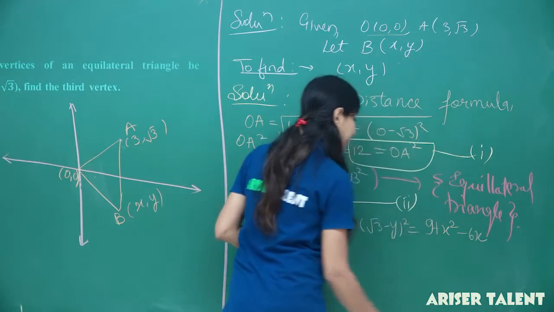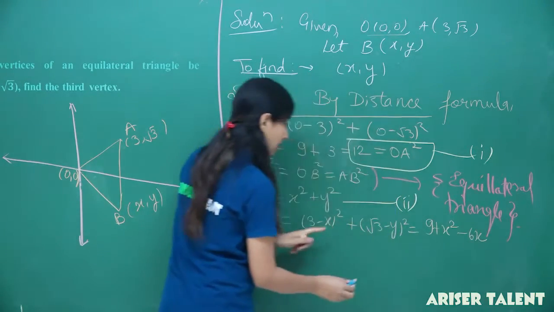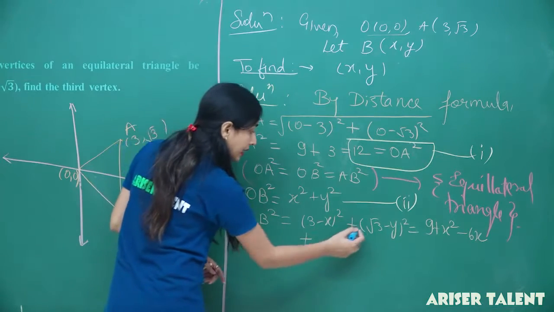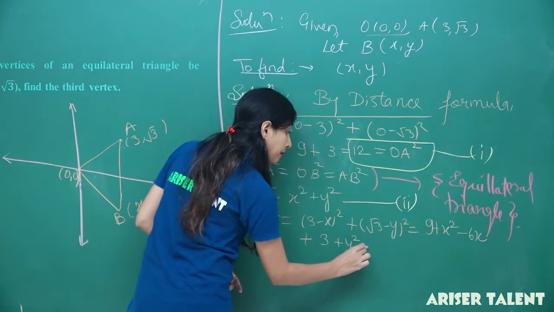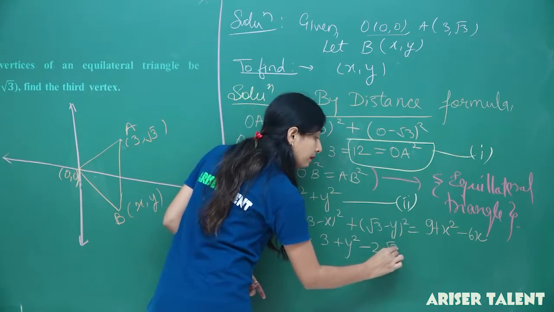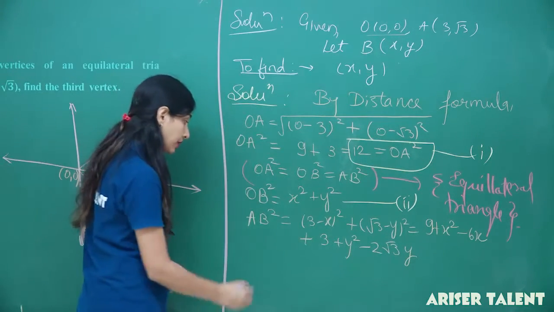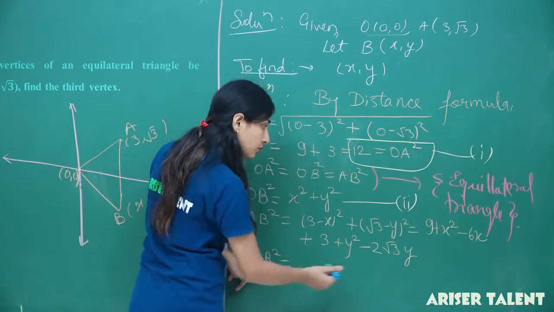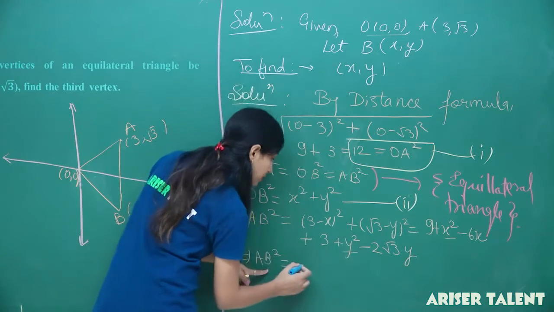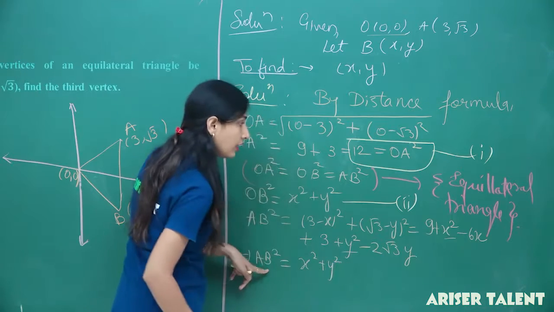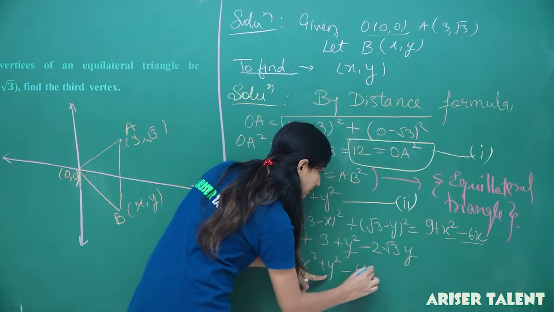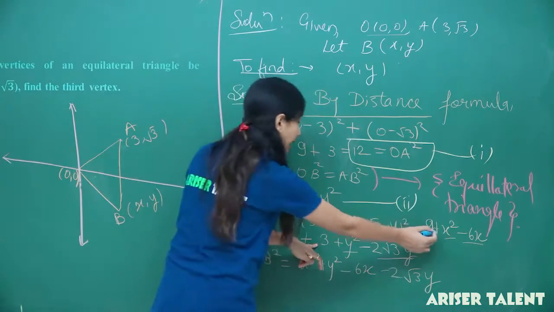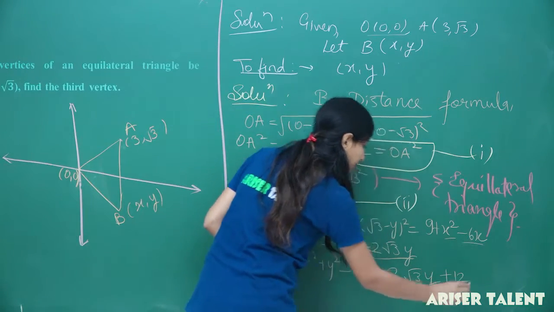So AB square equals x square plus y square, then minus 6x, then minus 2 root 3 y, and this 9 and this 3 give plus 12.